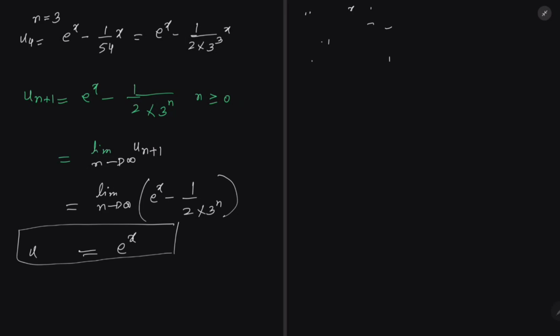Next we solve another example. u(x) is equal to sine of x minus x plus the integral from 0 to pi by 2 of u(t) dt.